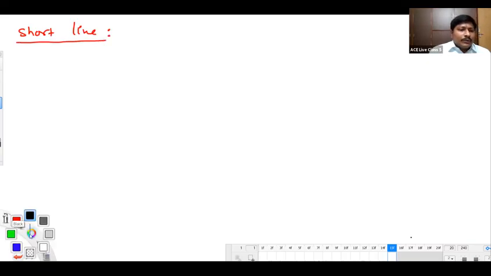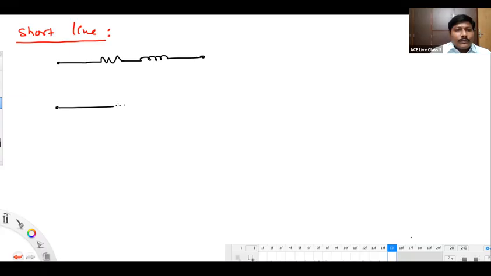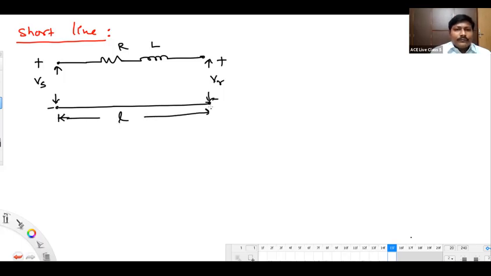It is a simple RL circuit. The total resistance and total inductance we keep in only one place, for the complete length of the transmission line, between the sending end side and the receiving end side. Next one, the medium transmission line.